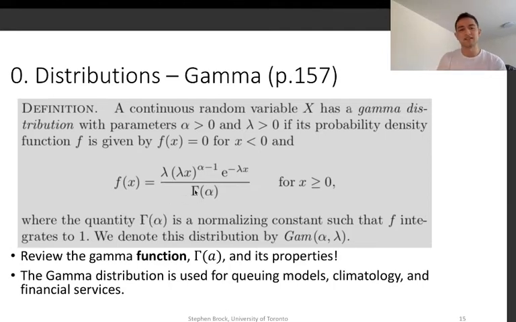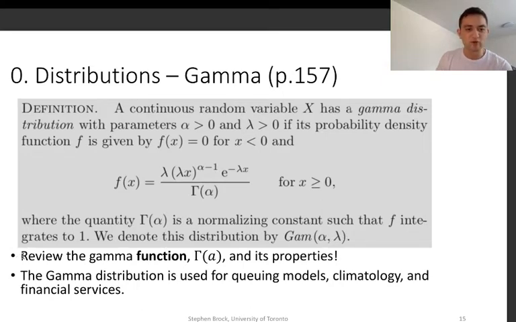But this capital gamma of alpha is a normalizing constant such that f integrates to 1. And we denote this distribution by gamma of alpha, lambda.